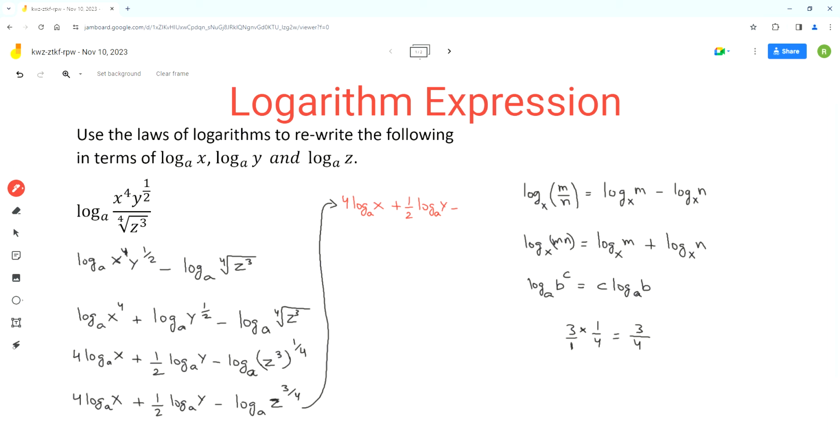So it becomes minus 3 over 4 log of z to the base a. So this should be the final answer for the given expression in terms of log of x to base a, log of y to base a, and log of z to base a.